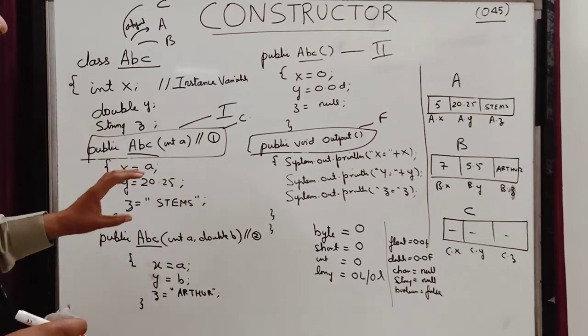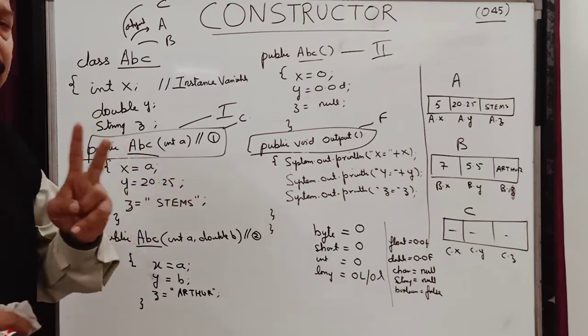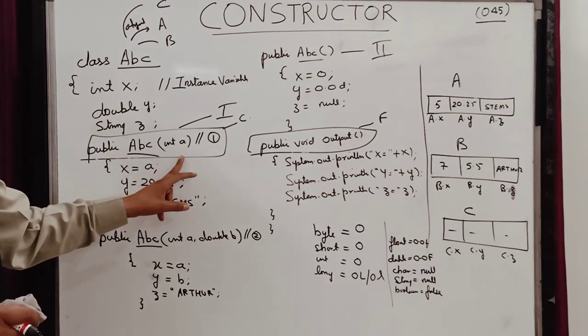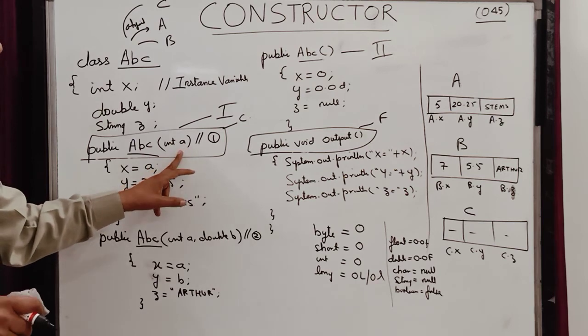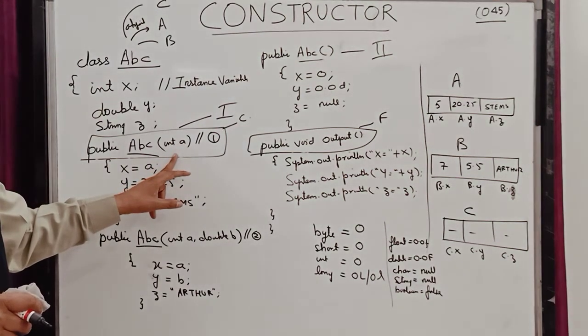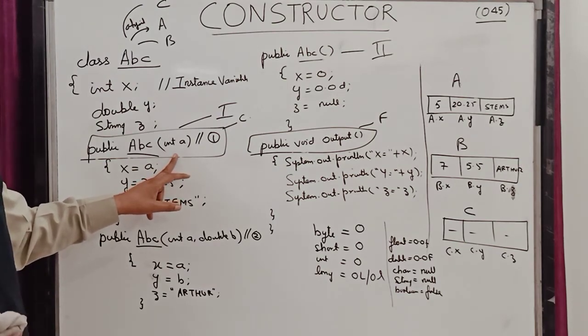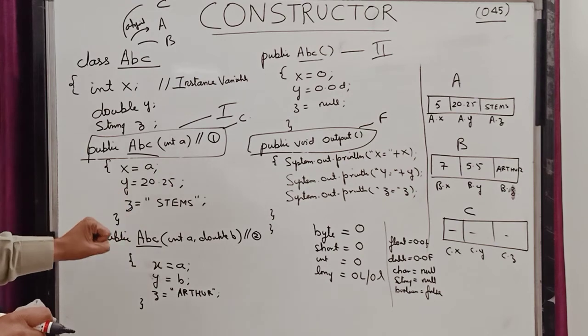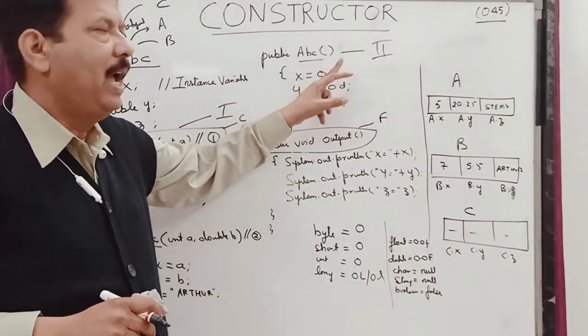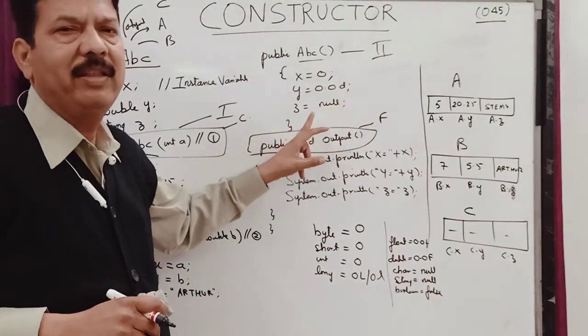Now the next thing is constructors are of two types. Parameterized constructors are those constructors which have parameters, and the user provides their own value to either one or to all the instances of the object. A non-parameterized constructor does not have any parameters and here the values are provided within the program.